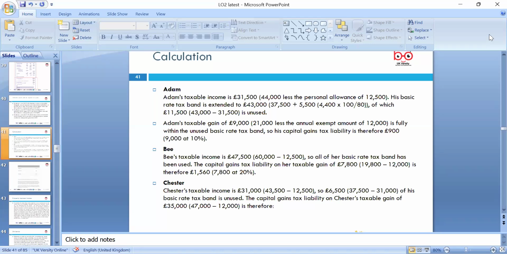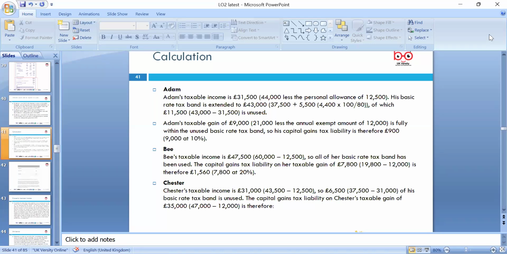So the capital gain liability is 900, 10% that needs to be paid. Okay, so that's the way we can calculate B's taxable income. We take the personal allowance. We look at the capital gain as taxable. So 12,000 is exempt.